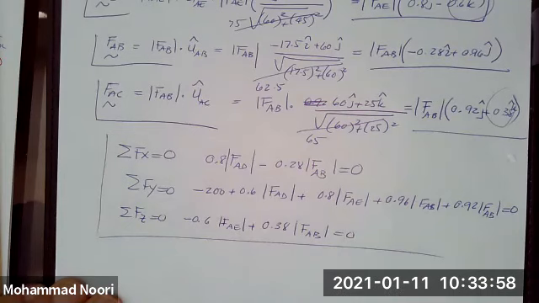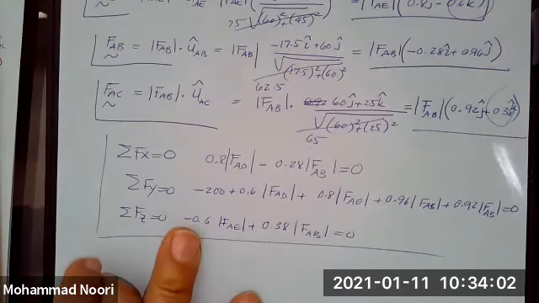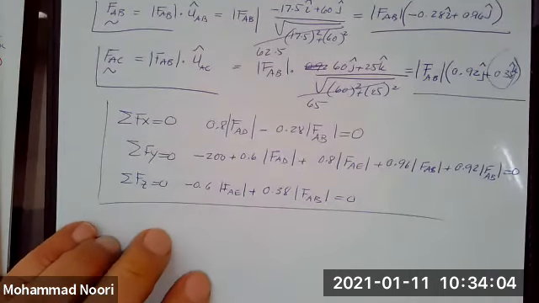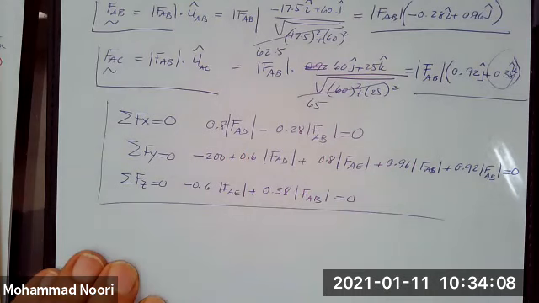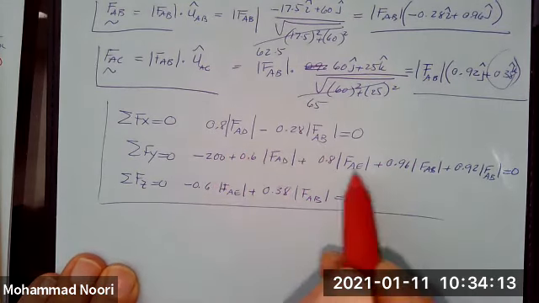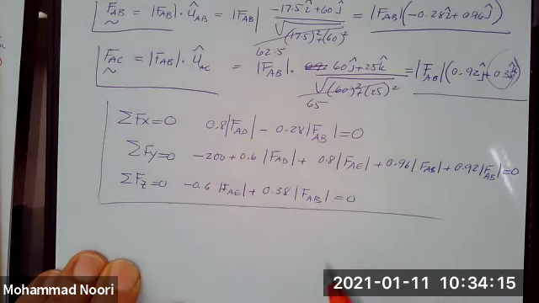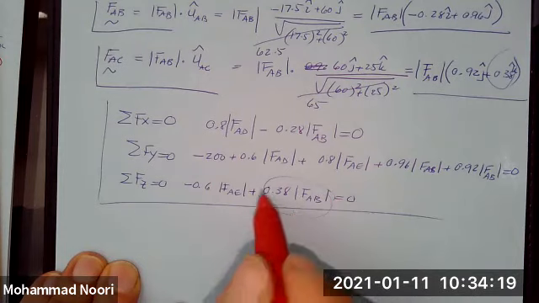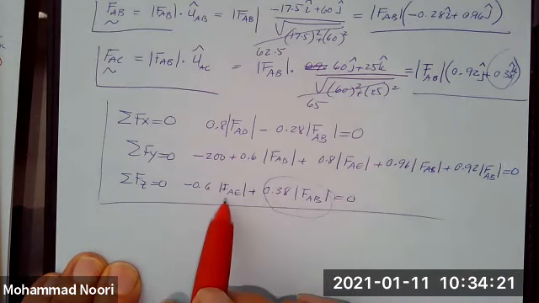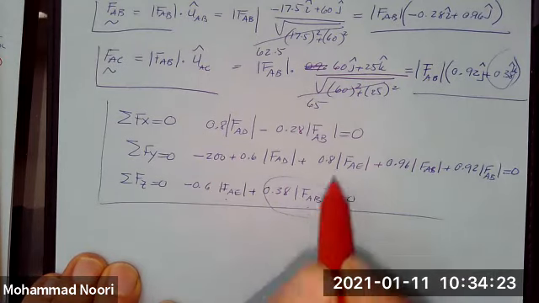So you have 3 equations and 3 unknowns, where the 3 unknowns are the 3 forces that you're looking for: AB, AC, and AE. I'm sorry, AB, AD, and AE. It's actually not that difficult, because from here you can find AE in terms of AB.